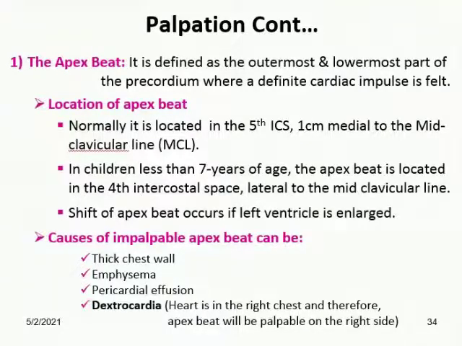Shift of the apex beat occurs if the left ventricle is enlarged. Causes of an impalpable apex beat can be a thick chest wall, emphysema, pericardial effusion, and dextrocardia, in which the heart is in the right chest and therefore the apex beat will be palpable on the right side.